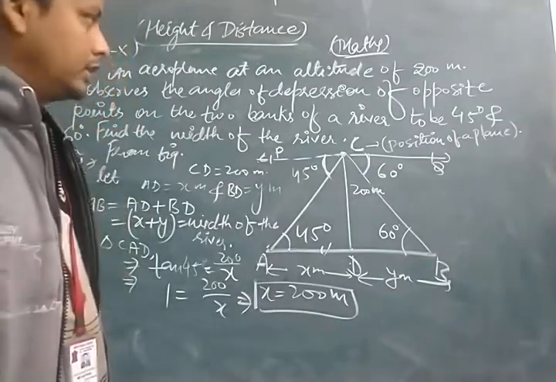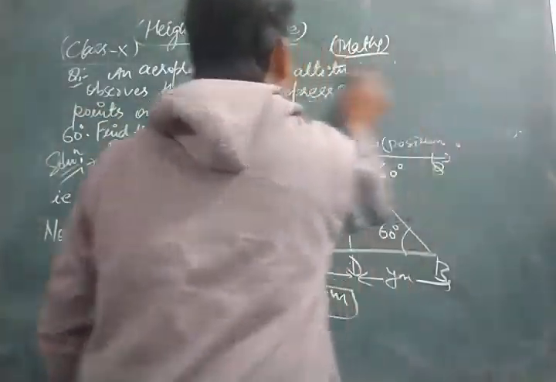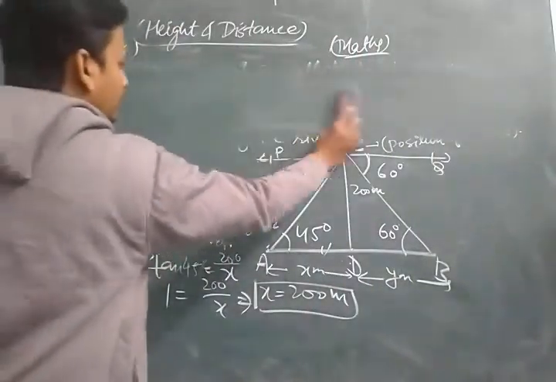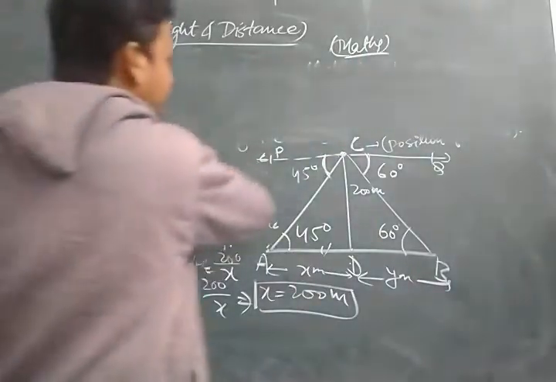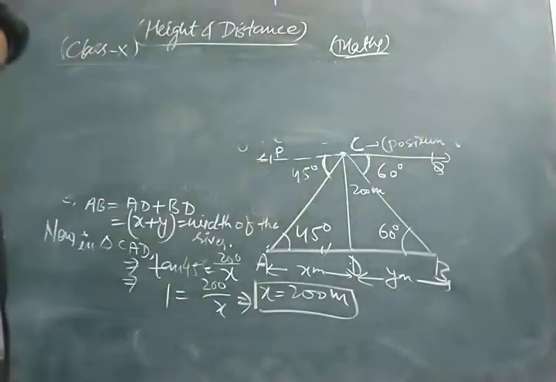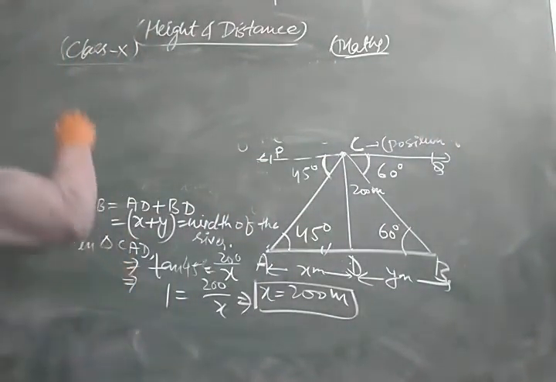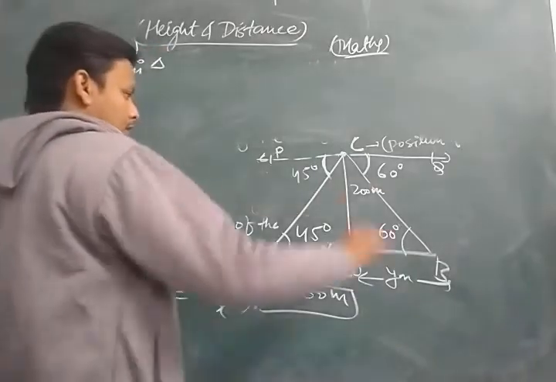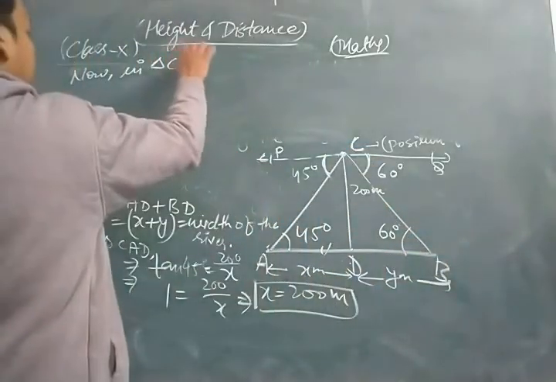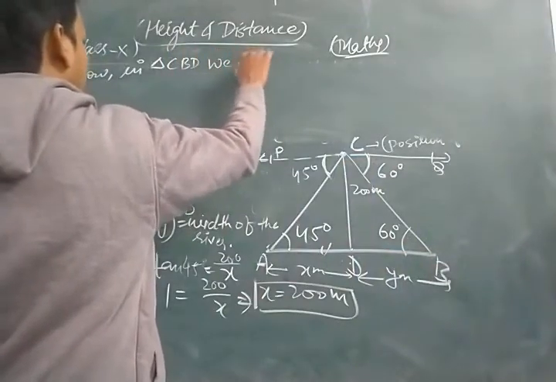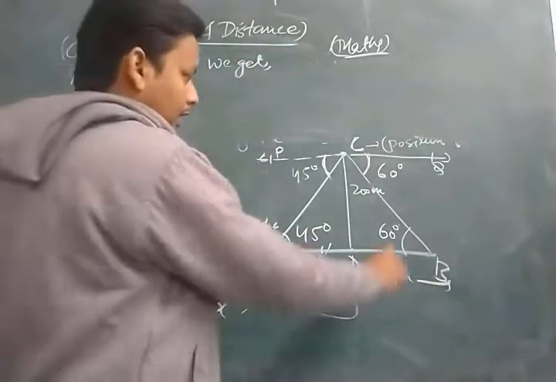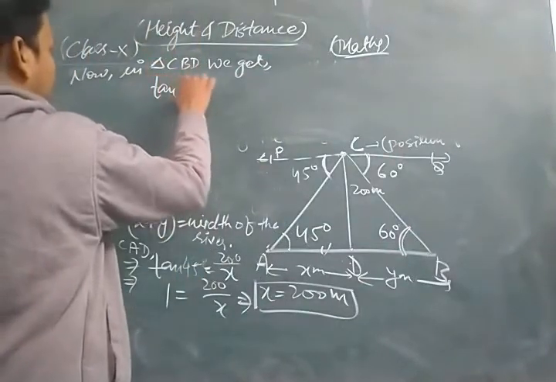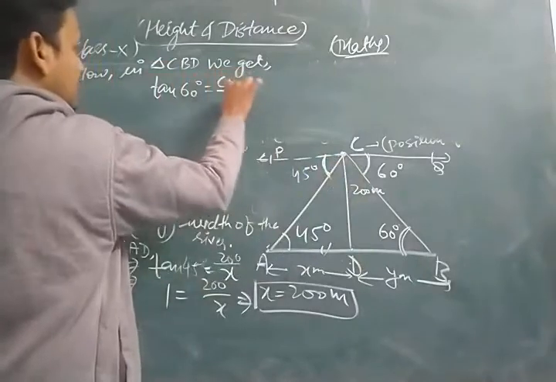Now, similarly, we find the value of y. Now look. In triangle CBD, we get tan 60. Perpendicular is CD, base is BD.